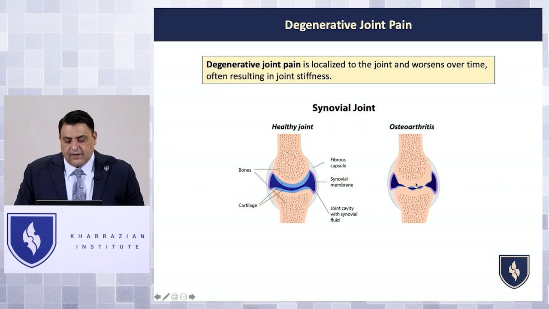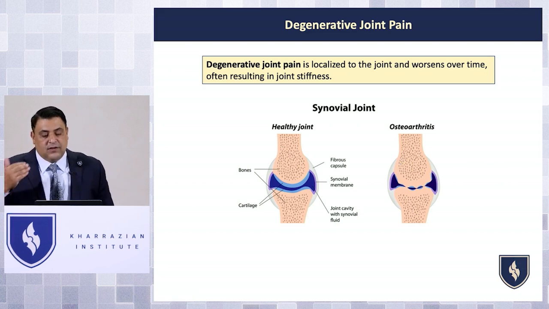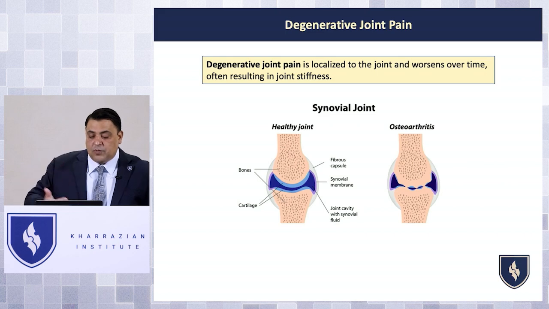So osteoarthritis is chronic pain, but in and of itself, it's not a sensitized pain syndrome. There's ongoing active injury to the tissue, so there are ongoing active acute perceptions of pain.